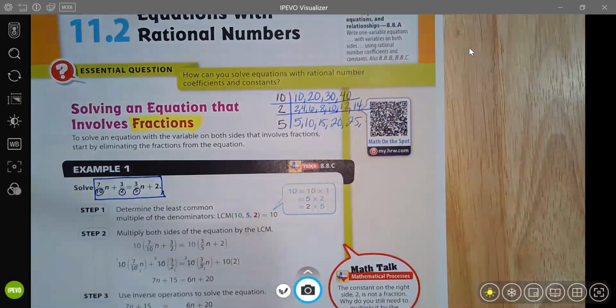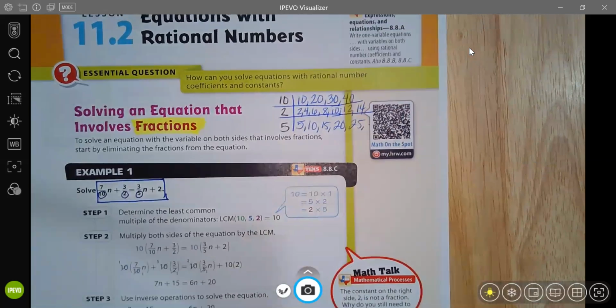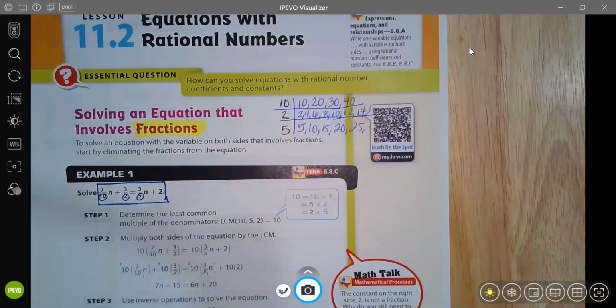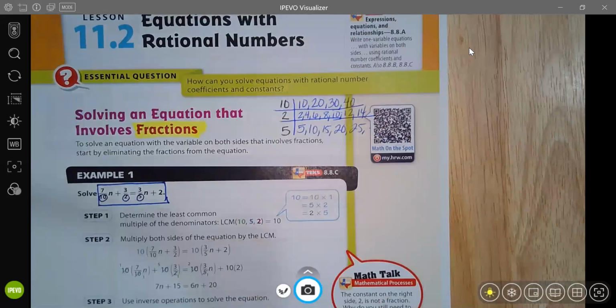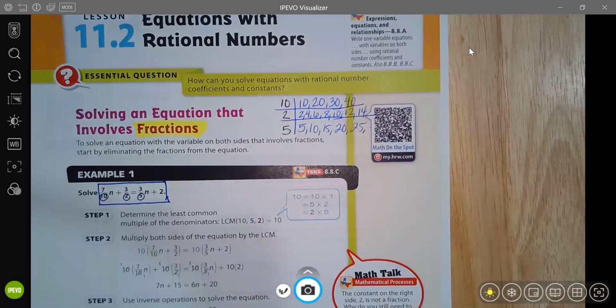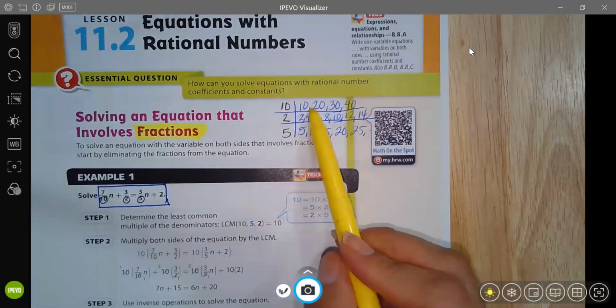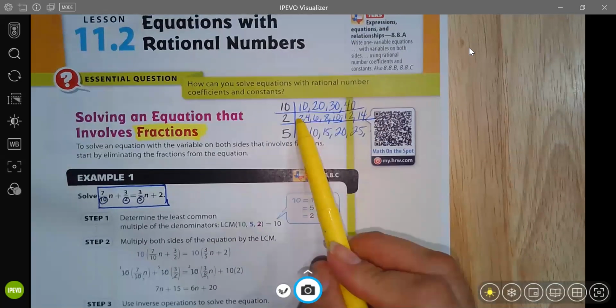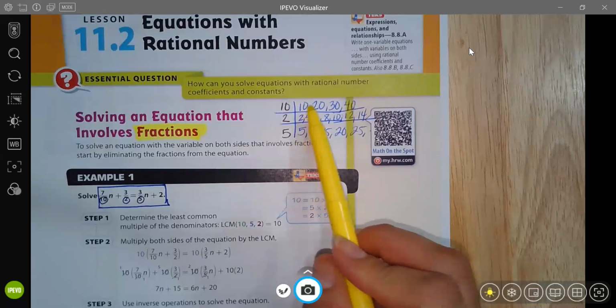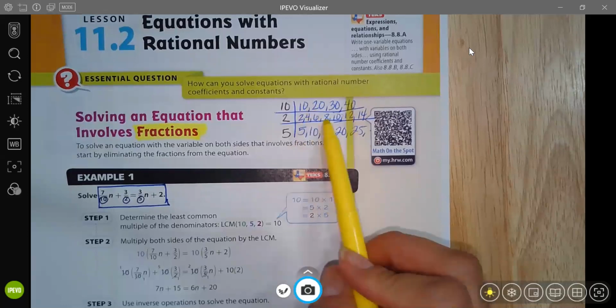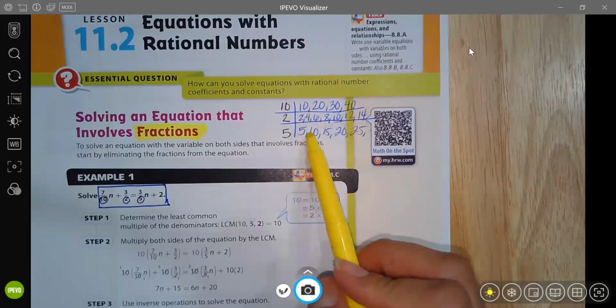So now that we have our multiples for our different denominators, we can look at the least common multiple, or find the smallest number that is on each row, right? So I have 10, 20, 30, 40. Okay, here I see a 10. Awesome. Oh, here I see another 10.